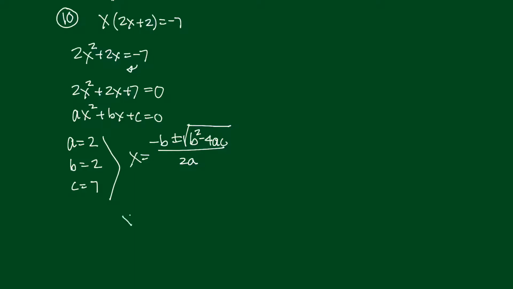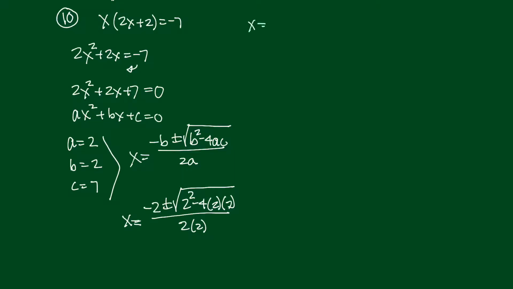Let's substitute. So we'll get x equals negative b. Now b is 2, so we'll get negative 2 plus or minus the square root of b squared, 2 squared, minus 4 times a, which is 2, times c, which is 7, all over 2a, 2 times 2. So I'll do this up here.